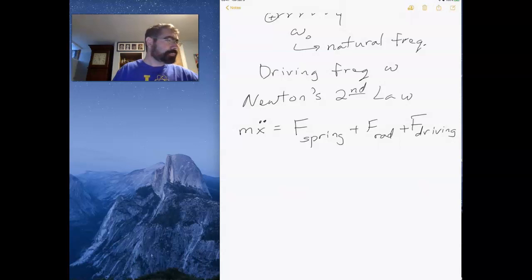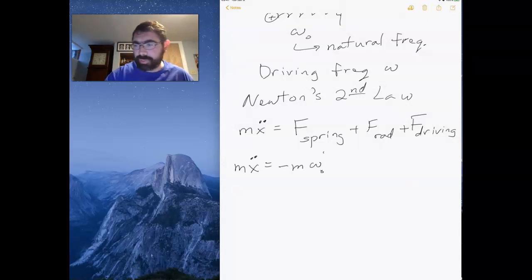Okay, so let me write this out. So the mass times the acceleration is equal to the spring force, which we can write as minus the mass, the natural frequency squared, times the distance. So that minus m omega naught squared is essentially the spring constant.